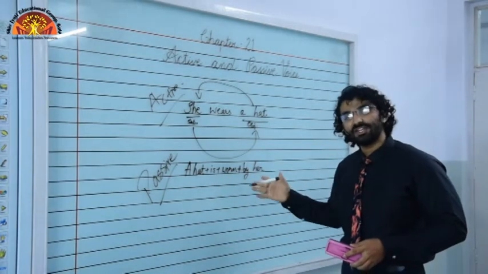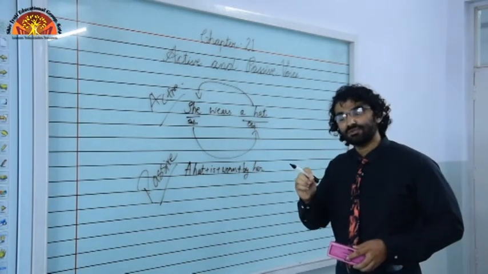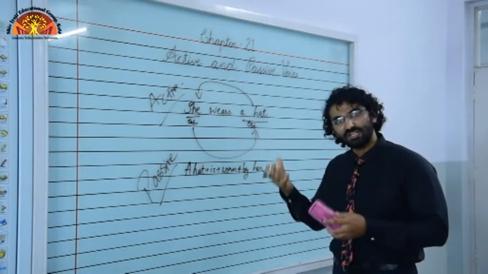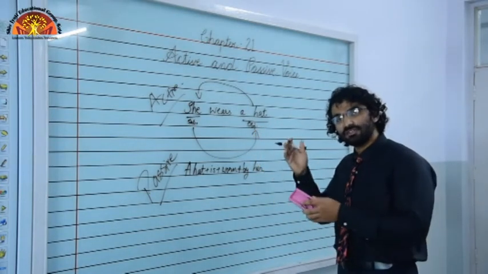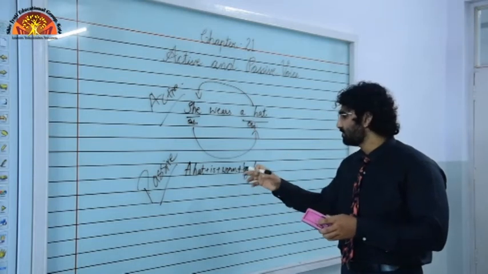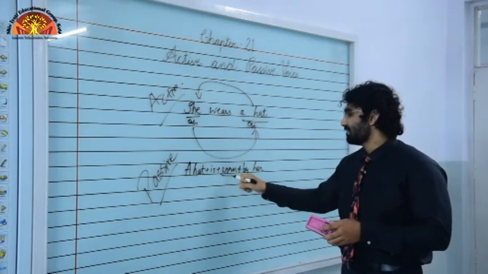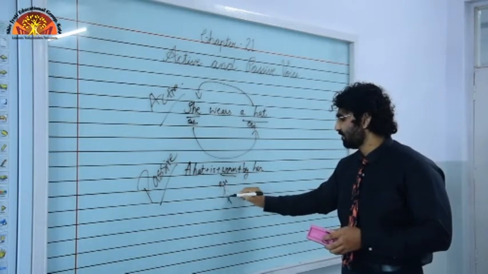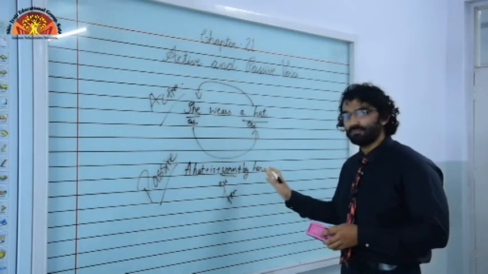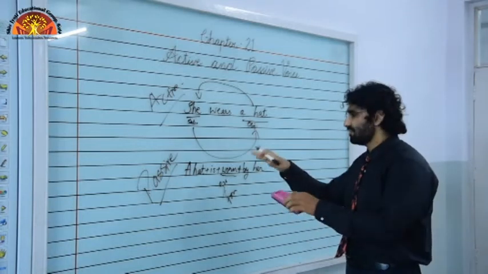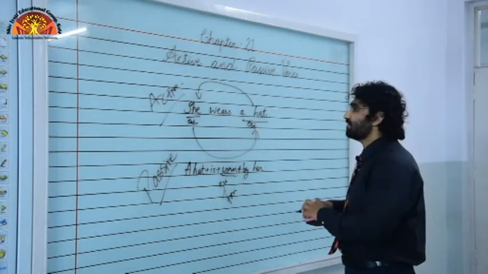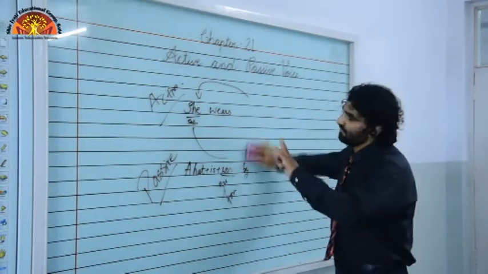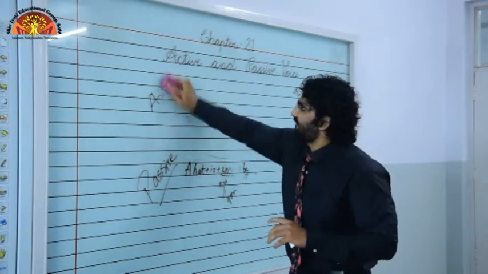Then we add past participle, third form of verb, then we add by if necessary. I'm going to show you another example. If you wish, you can pause the video and write it down in your notebooks.